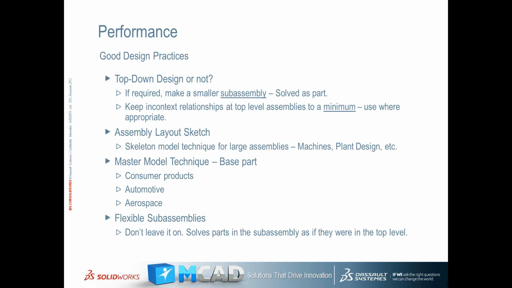And I don't suggest leaving this on, and the reason for that is it needs to solve the location of every one of those parts in the subassembly or in the main assembly every time you rebuild. So turn it on when you need it, move it around, make sure that your mechanism works correctly, and then turn it off. You don't want to leave it on.